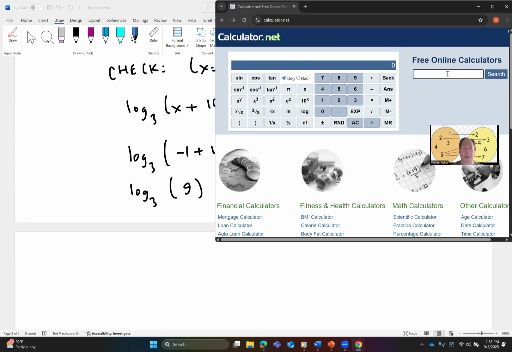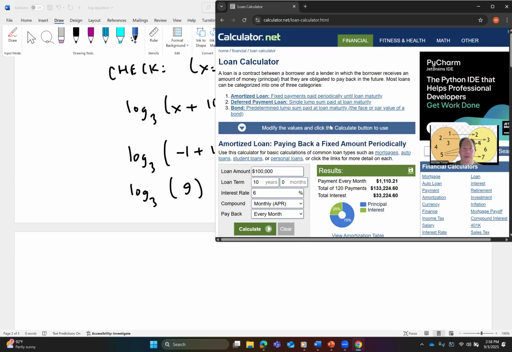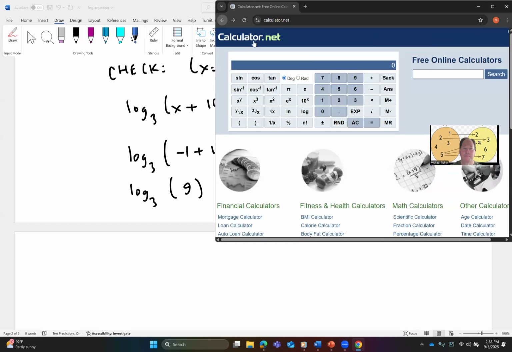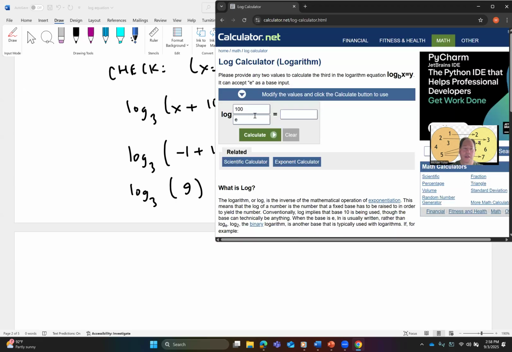I need a log calculator this time, and let's check out this one. Okay, so we have log to the base 3 of 9.